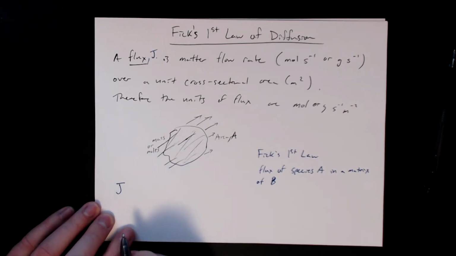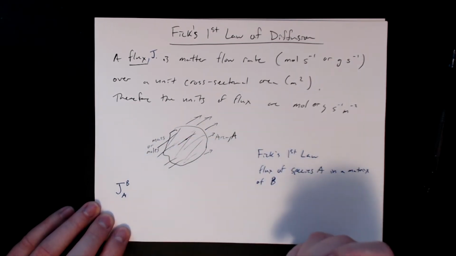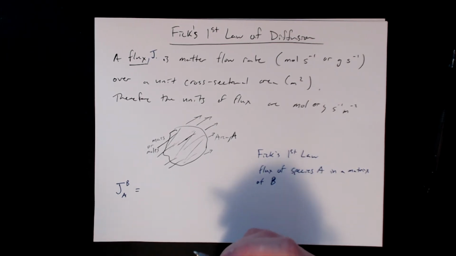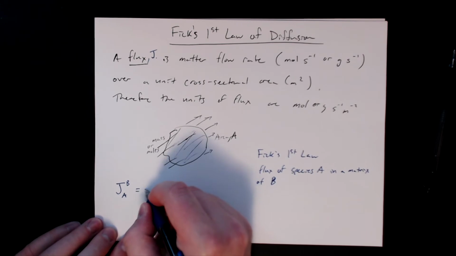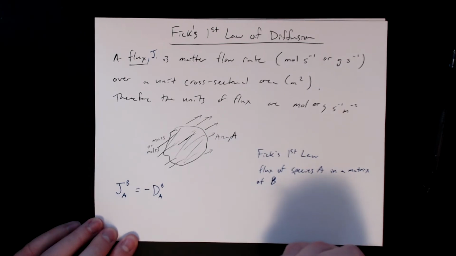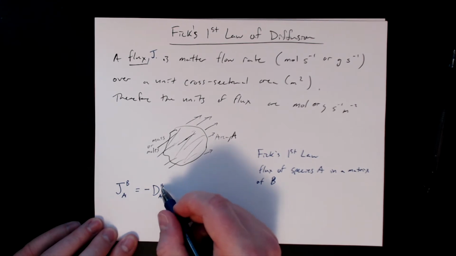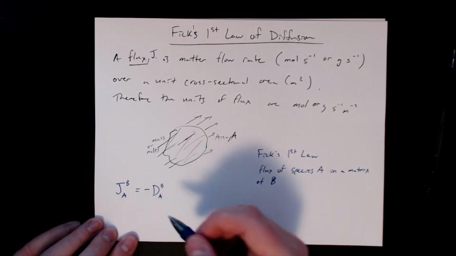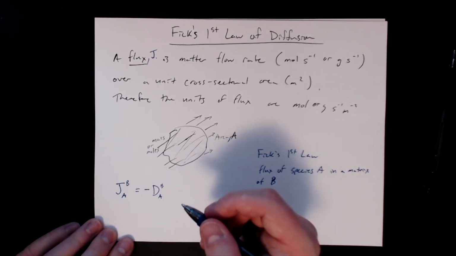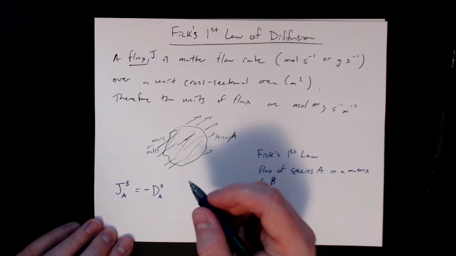So the way we're going to write that is the flux of A, and then the superscript is B, and that's going to be equal to, again, some constant multiplied by our driving force for diffusion. And in this case, it's actually going to be negative D, and that has the same subscripts. This is the diffusivity, or the diffusion coefficient of A and B. And you'll see where the negative comes from in a second. And then the driving force, like I briefly mentioned in the last module, is going to be the difference in concentration, right?